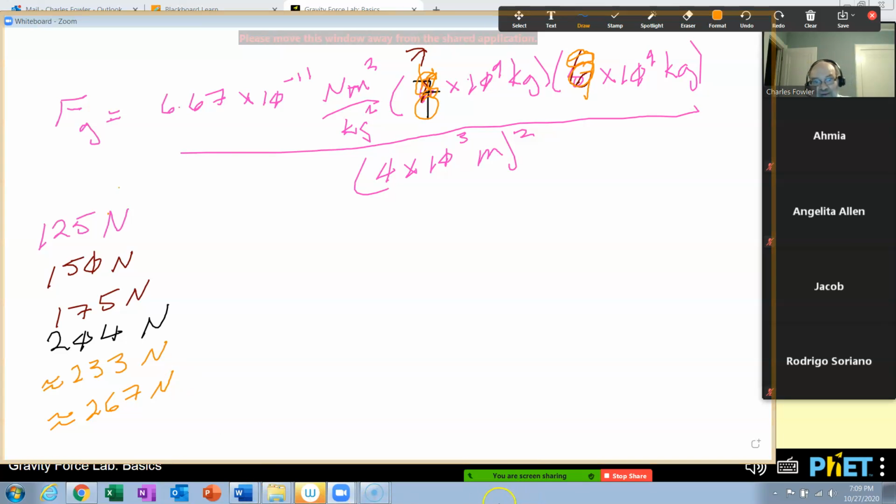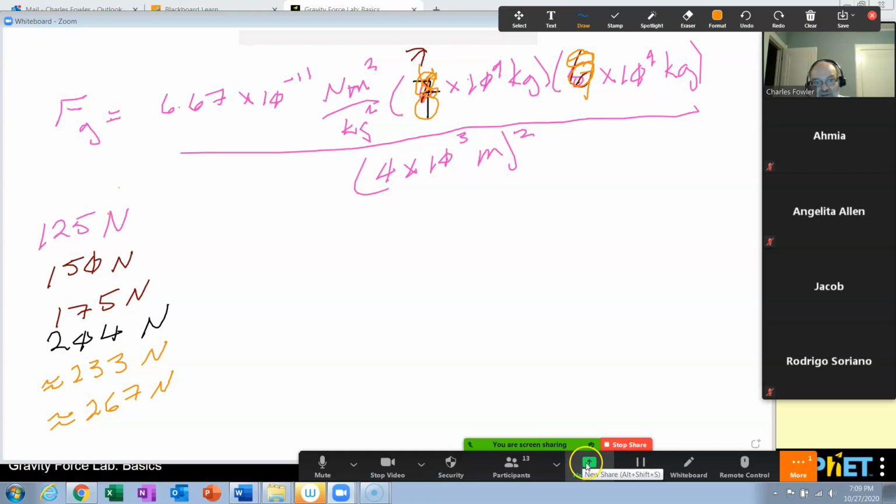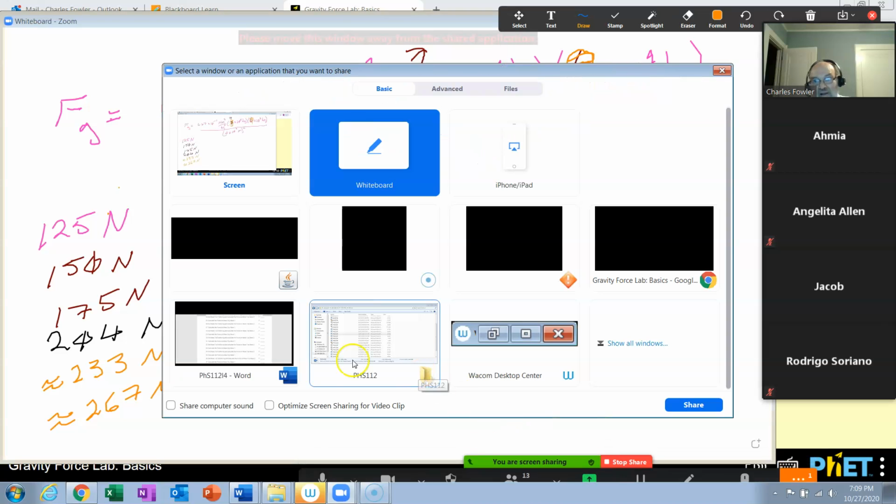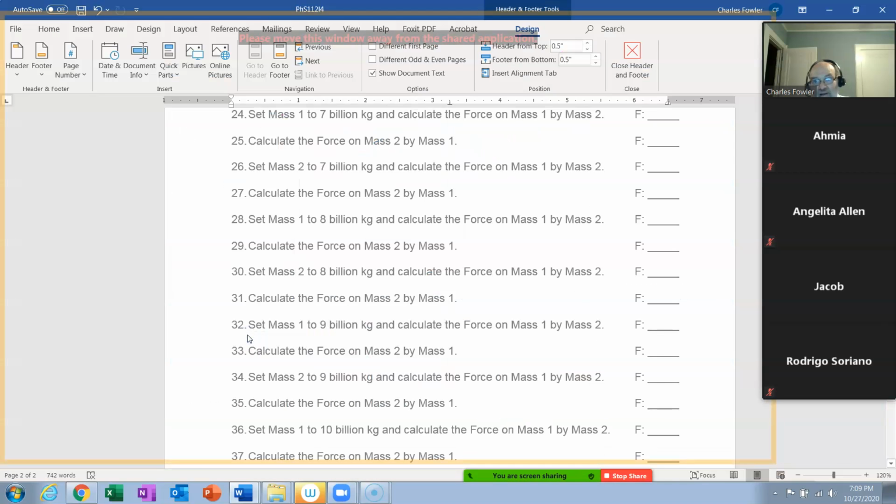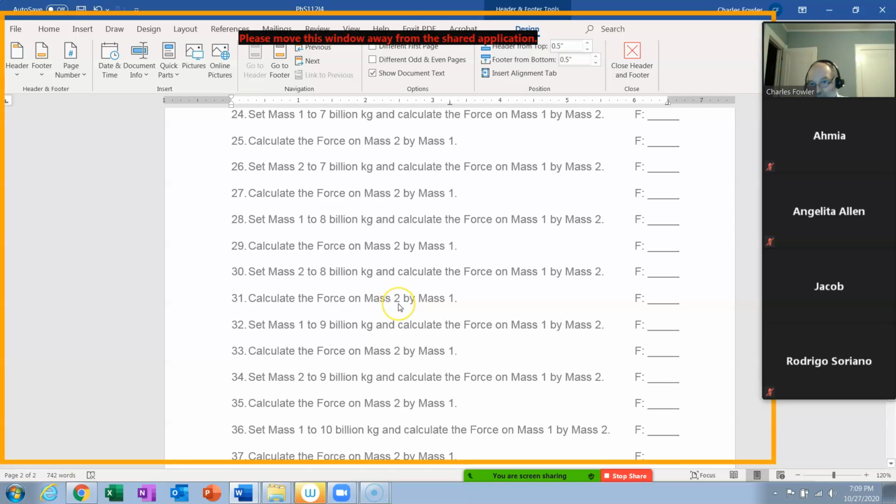That was 8 and 8, so that was 30. 31's the same, right? 267 approximately. Okay, 32. Let's bump the first one up to 9, leave the second one on 8.